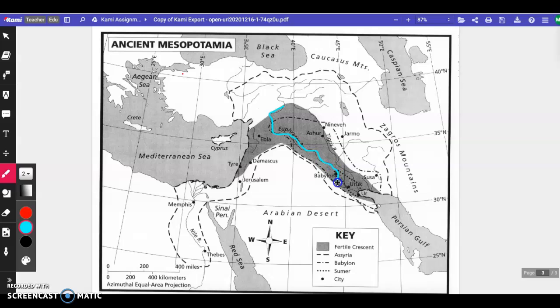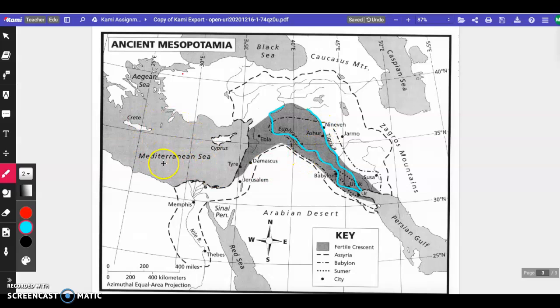It goes through a few cities here and ends up in the Persian Gulf. The Tigris River comes down from the north or northeast, and this has some branches off, but we'll put it towards the Persian Gulf as well. So here are 2 rivers. We can see them a little bit clearer now.